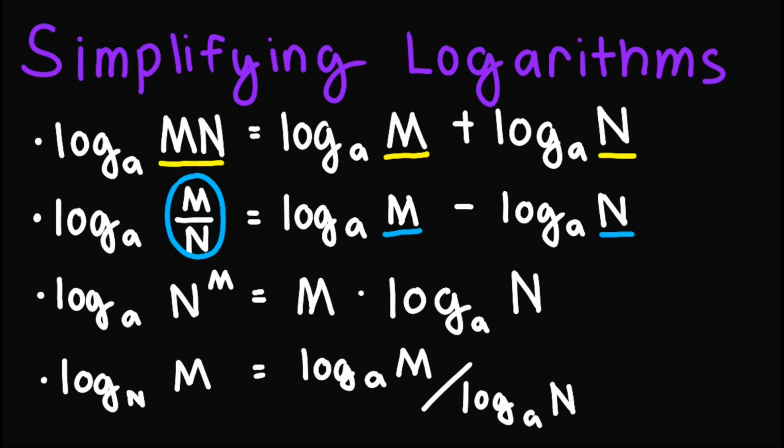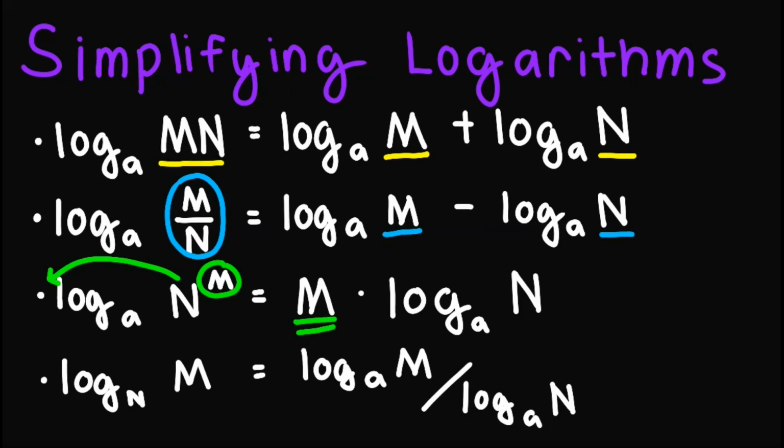Then for the third one, if we have the logarithm of n raised to m, what we can do is move the exponent out here. As you can see, it's out here. Then lastly, we have what we call the change of base.